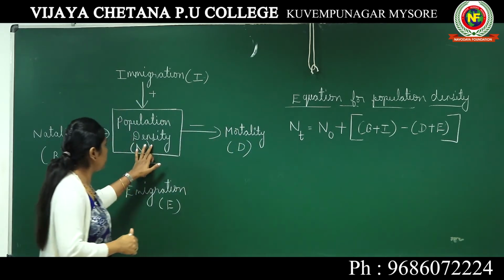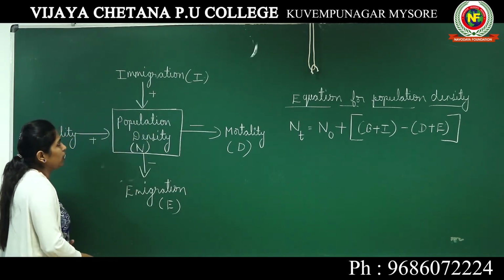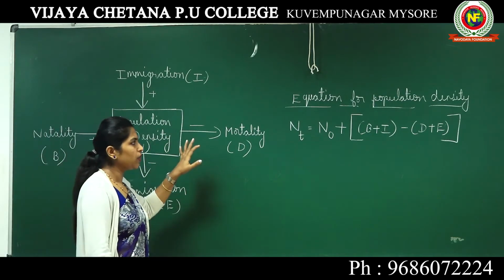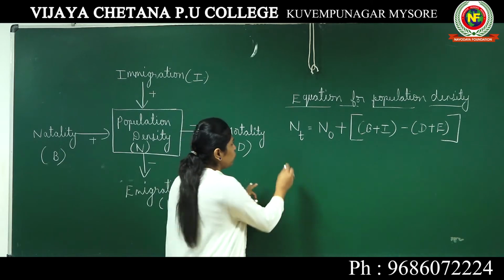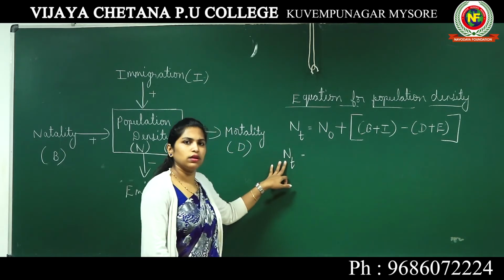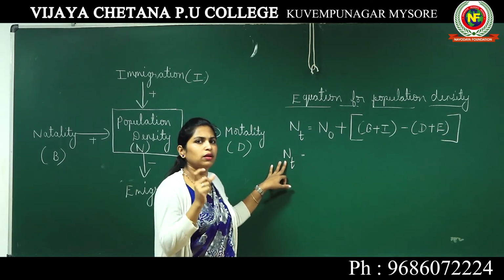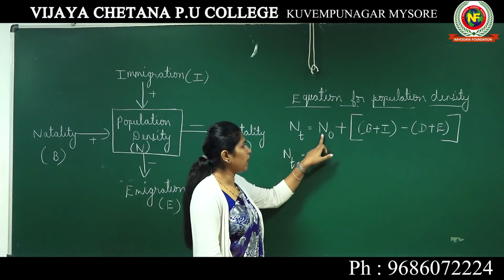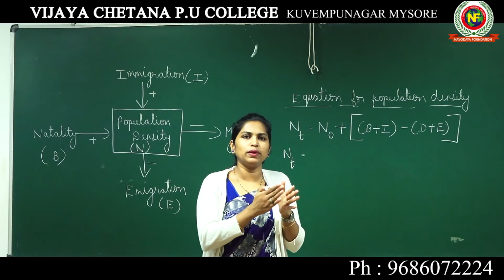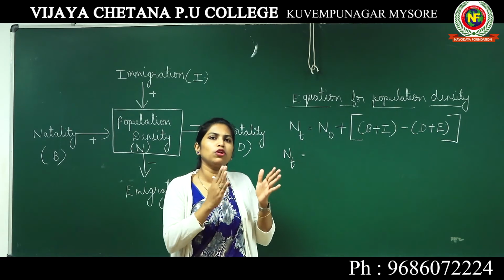We have to calculate the population density at time T. That means if I am calculating the number of lions in a particular forest, I have to look into the initial population density. Once we started counting, what was the number of lions?